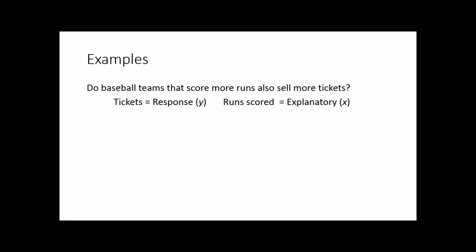Let's try another example. We're looking at students across the country, and we look at their SAT scores and their college grades, and the thought is that one of those two, in some sense, explains the other one. And so that would be the x variable, ought to be the x variable.